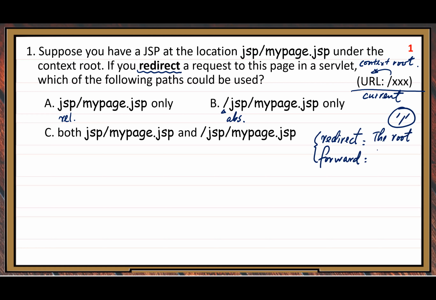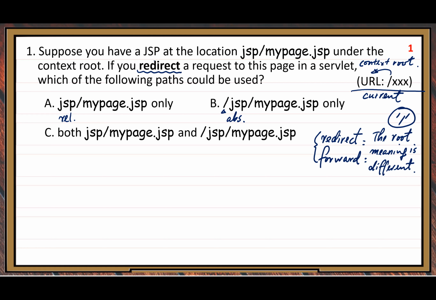The root meaning is different. That's why I need to tell you which method we are using, redirect or forward. Because based on that, when you use the absolute URL, the way is different. But if you use relative, same.